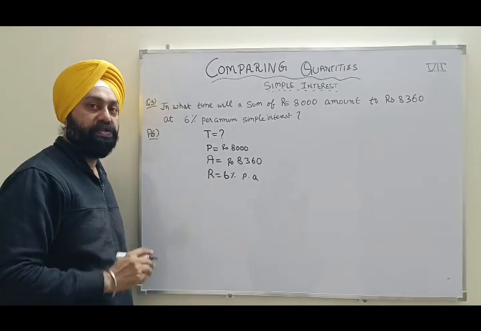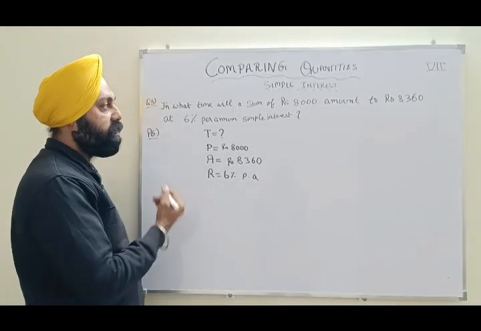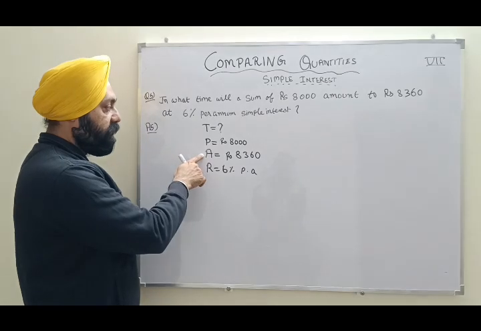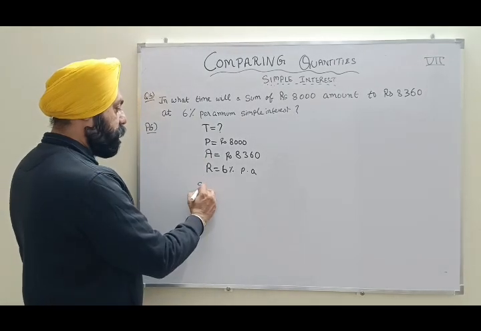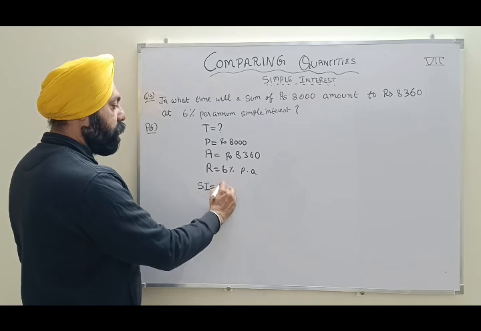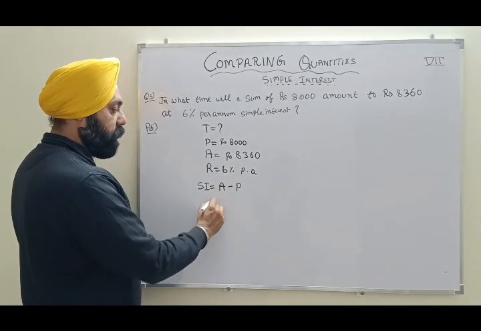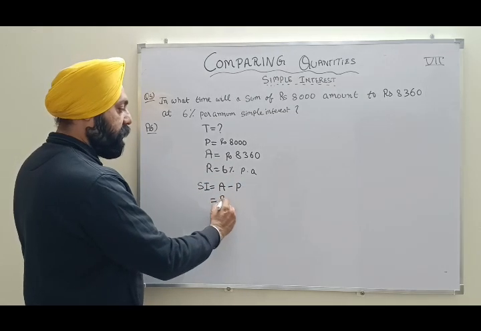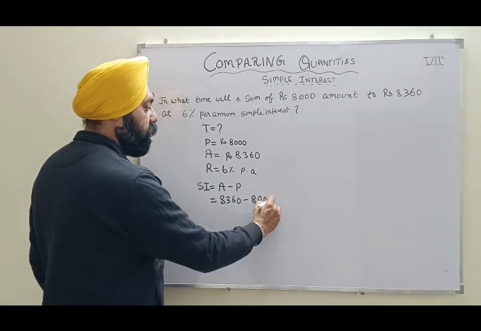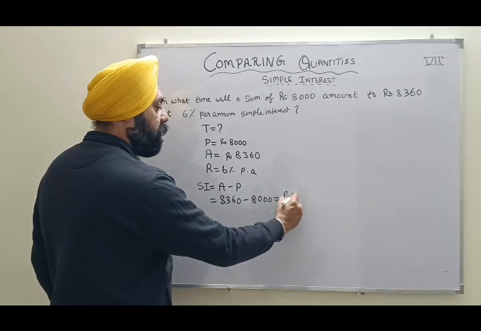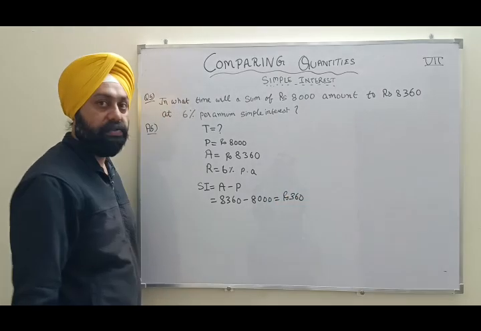Rate of interest is 6% per annum. Now we have the formula for simple interest. Simple interest is not given, but with the help of this amount and principal we can find out the simple interest. As we know, simple interest is equal to amount minus principal. So amount was 8,360 minus 8,000 will give rupees 360 as simple interest.